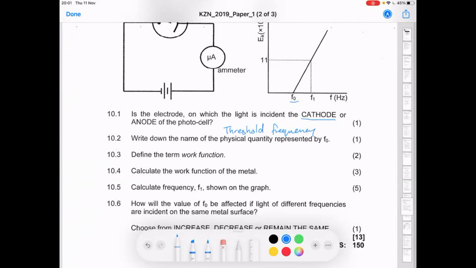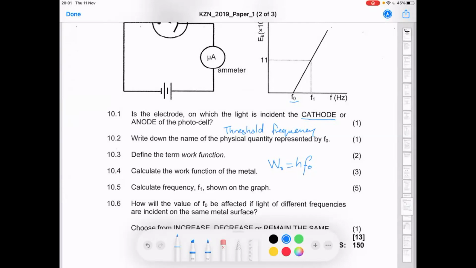The way we'll do that, the work function is equal to h f0. h is Planck's constant. You know that value, it's 6.63 times 10 to the minus 34. You'll get it from your table.